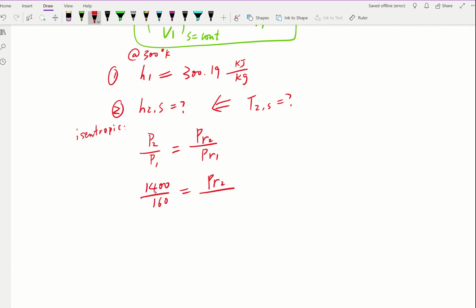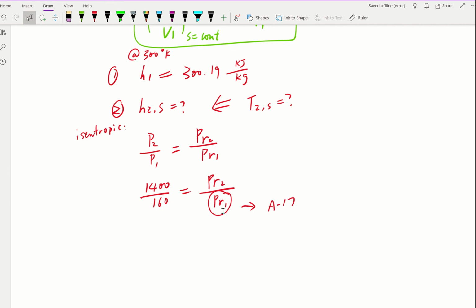And our PR1, we need to find the PR2. And can we figure out this PR1? That's going to be our next detective work. How do we find the PR1? So we said this is from where? From the ideal gas table. Let's go to A17.